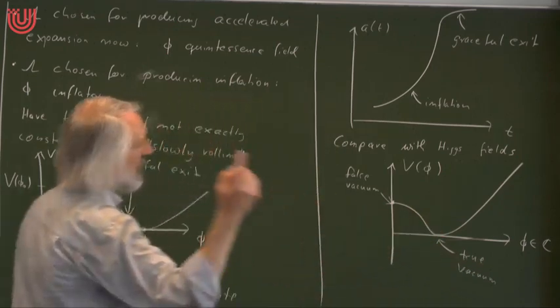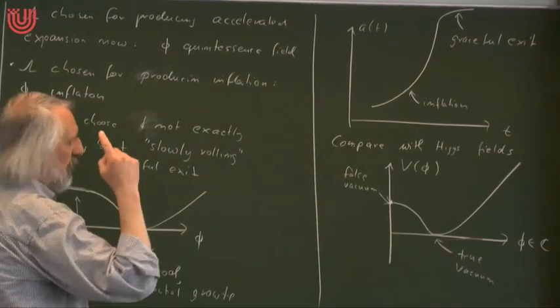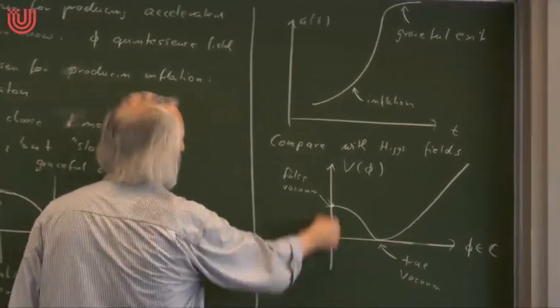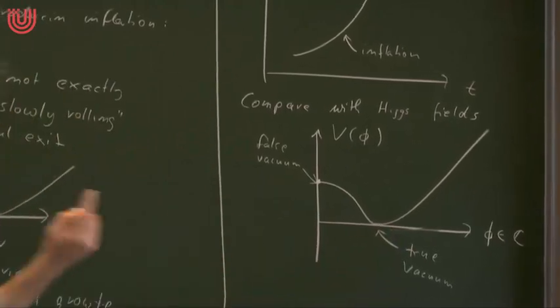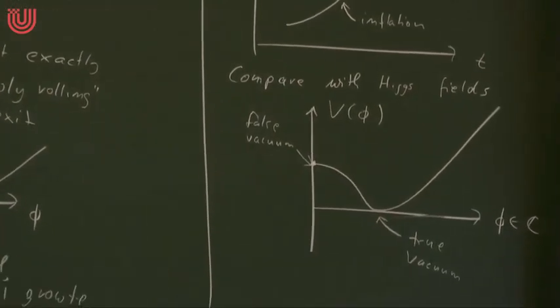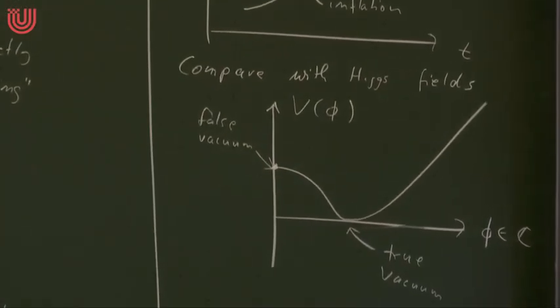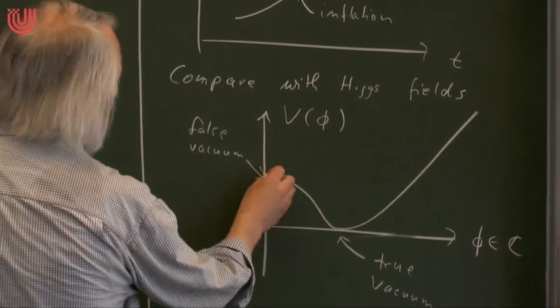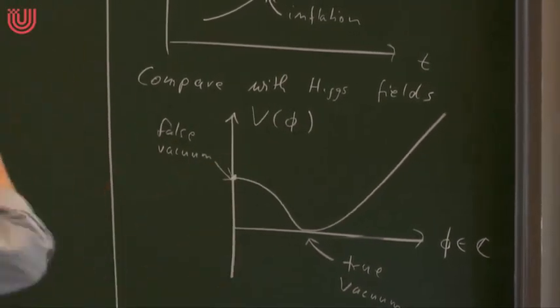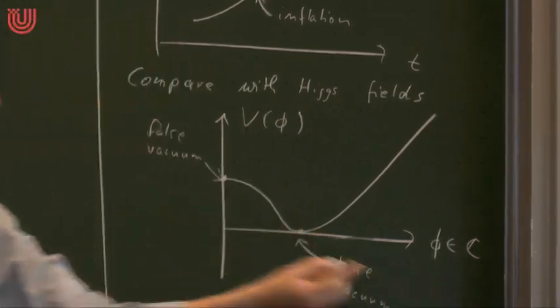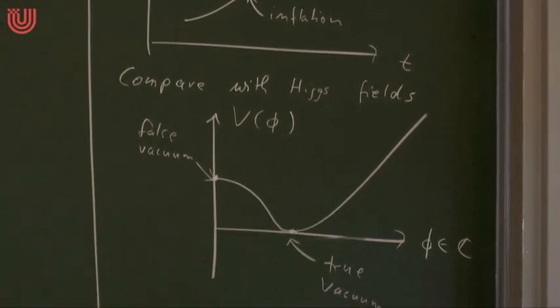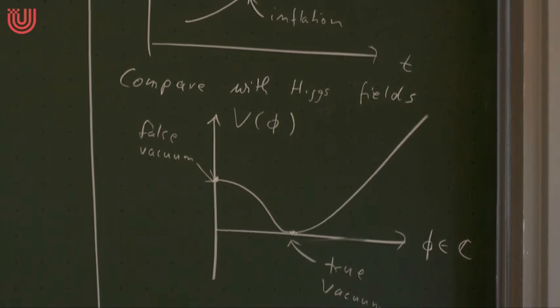Because the whole thing is rotationally symmetric around this axis, it has now a choice into which point in this circle it will roll down. And that's what one calls spontaneous symmetry breaking. If it has settled down in one point in this circle, then it has broken the symmetry.